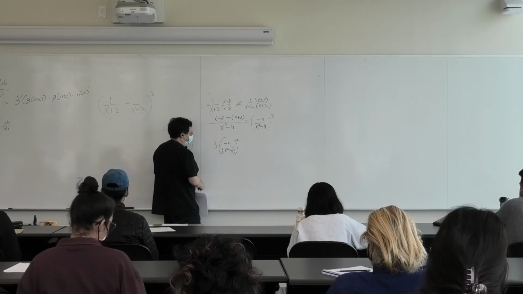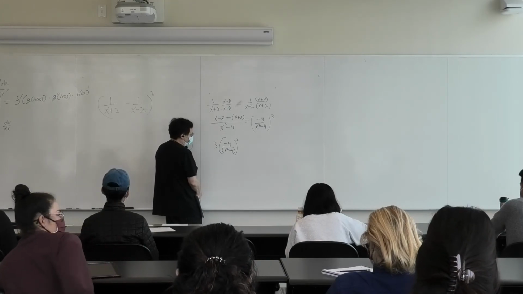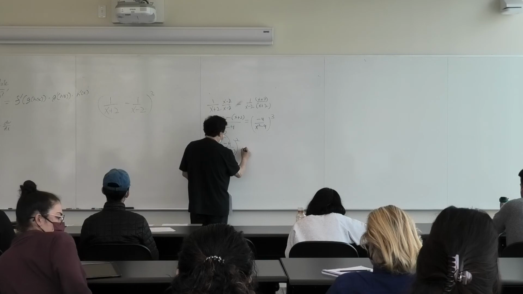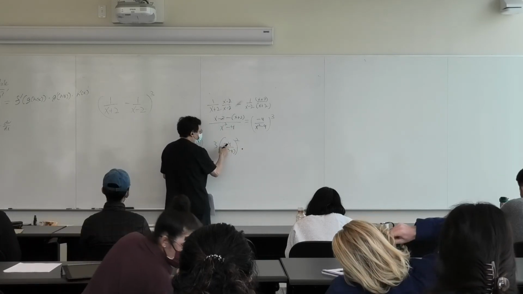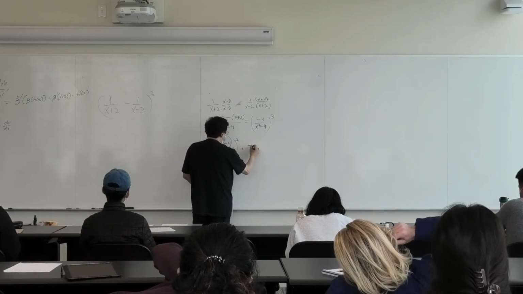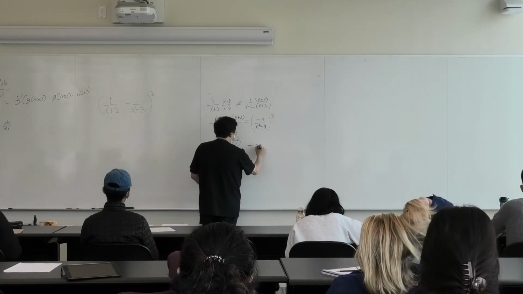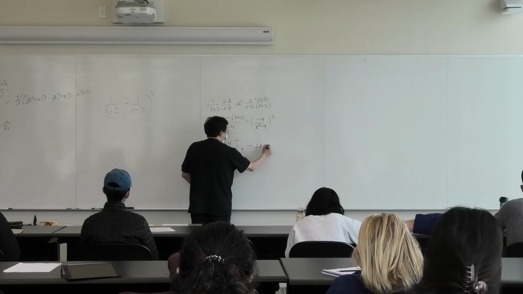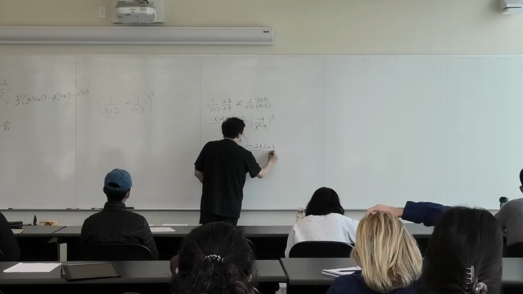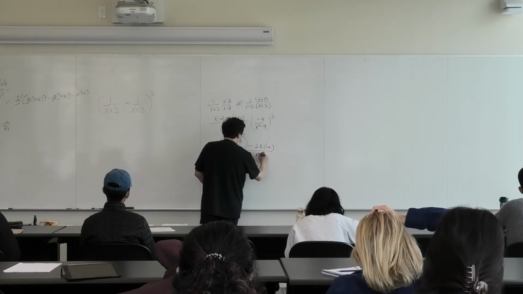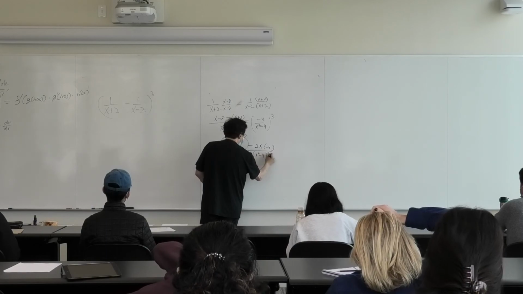So what does the quotient rule give me? Well, the derivative of 4 is 0, so forget that. Minus the derivative of this, which is 2x times minus 4, over x squared minus 4 squared.